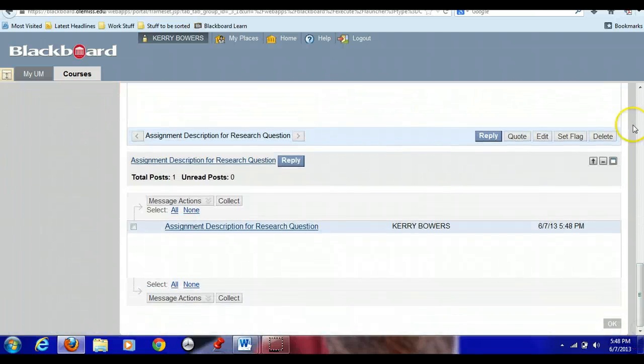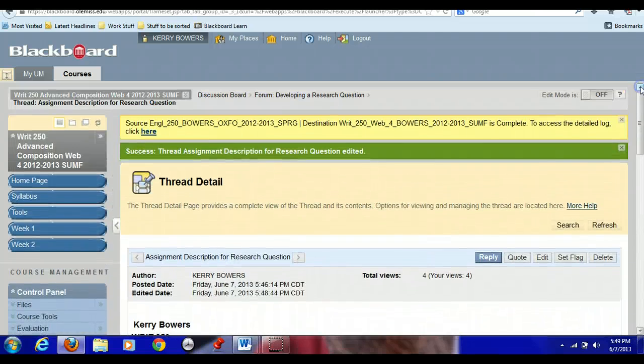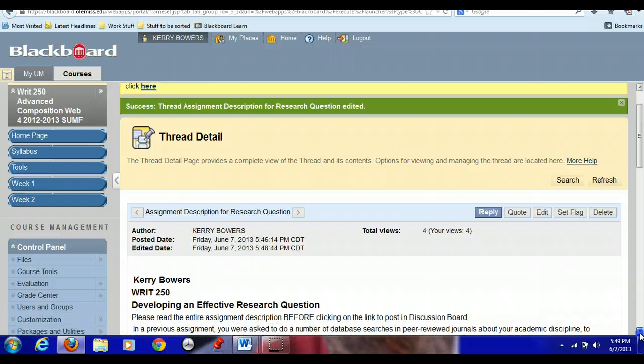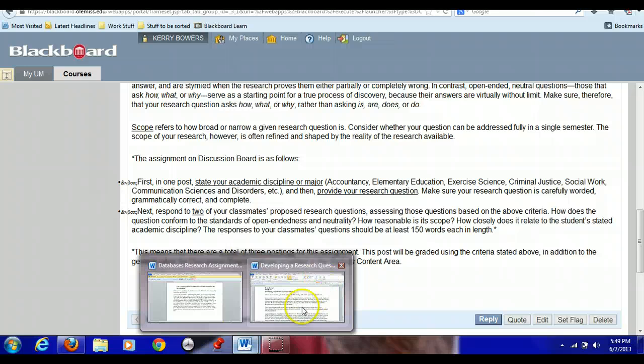So look at that first before you post your first response. Looks like it's a little weird, but hopefully you should be able to read everything. Blackboard does. Yeah, just ignore these little garbles. Sometimes it does strange things with the codes that Microsoft Word uses.